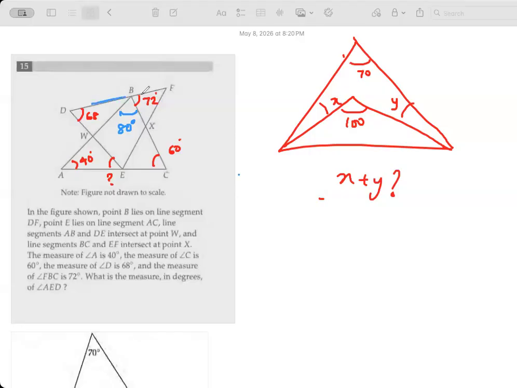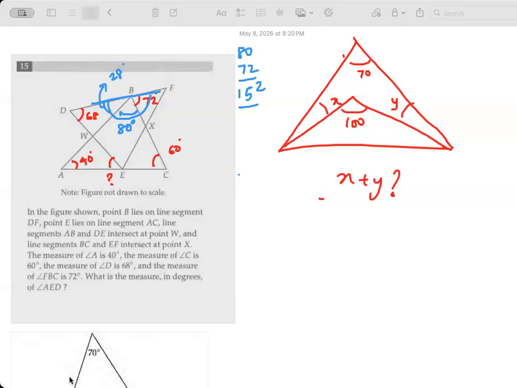This is a straight line, so that will make up 180 degrees. Of that, we have 80 and 72, which is 152. So 180 minus 152 gives 28. So this angle is equal to 28.